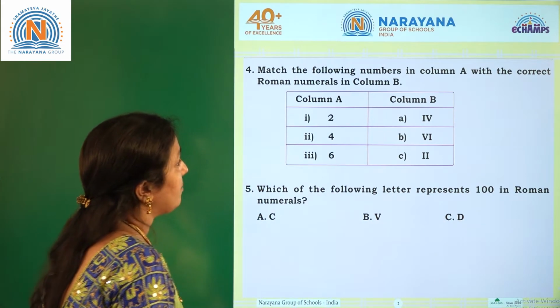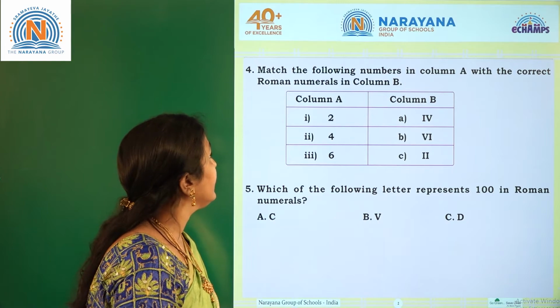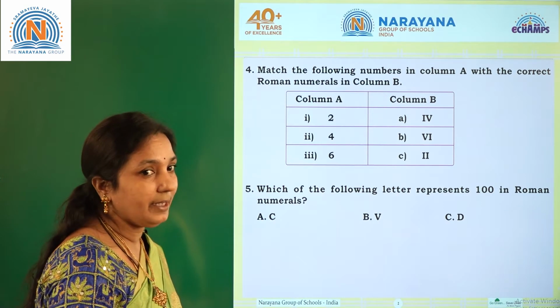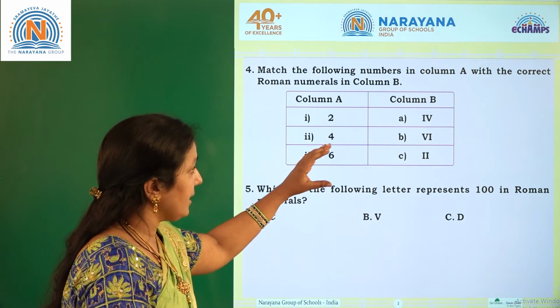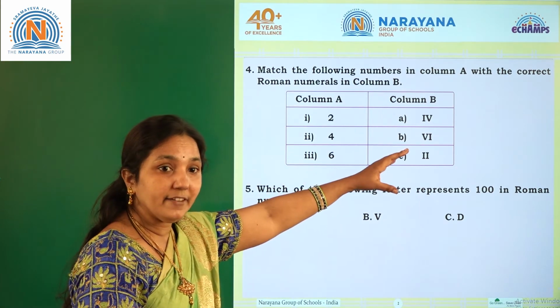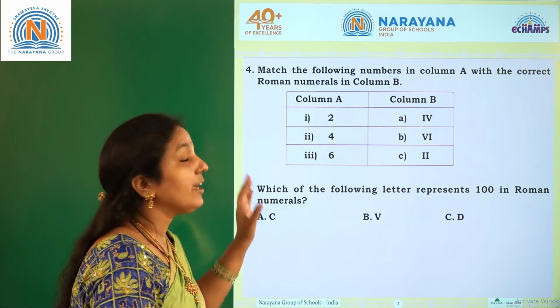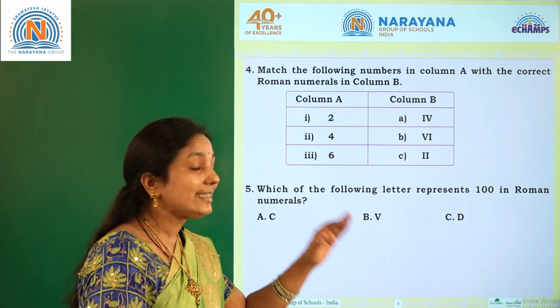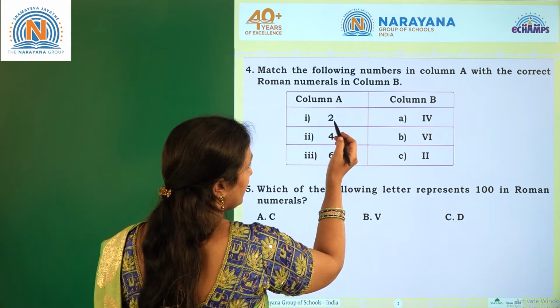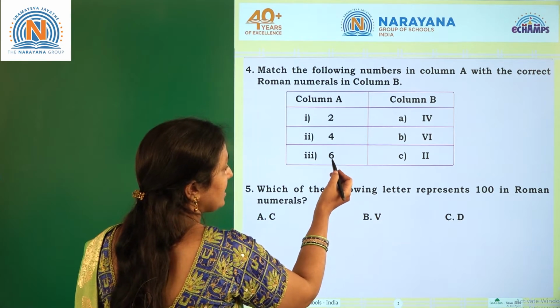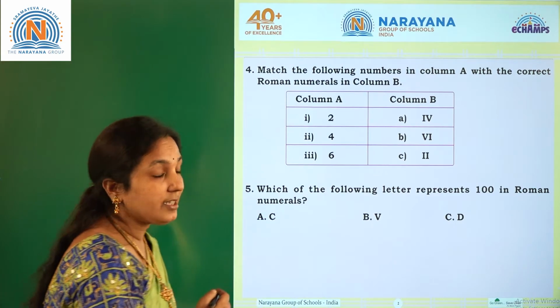Match the following numbers in column A with the correct Roman numerals in column B. So here the box is given in column A some numbers and column B in given in Roman numerals. So we have to match with correct answer. So what is the first one? 2. And what is the next one? 4. What is the next one? 6. So the values are given.